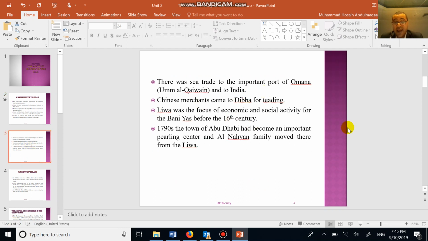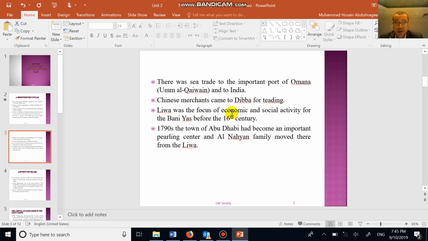Now again, let's continue with the historical part of UAE. There was a sea trade. I think there was a port in Oman. Oman is the old name of Al-Qawain. Between Al-Qawain and India, there was a trading system, and they were selling fish, pearls, and other products, maybe sheep and camels.